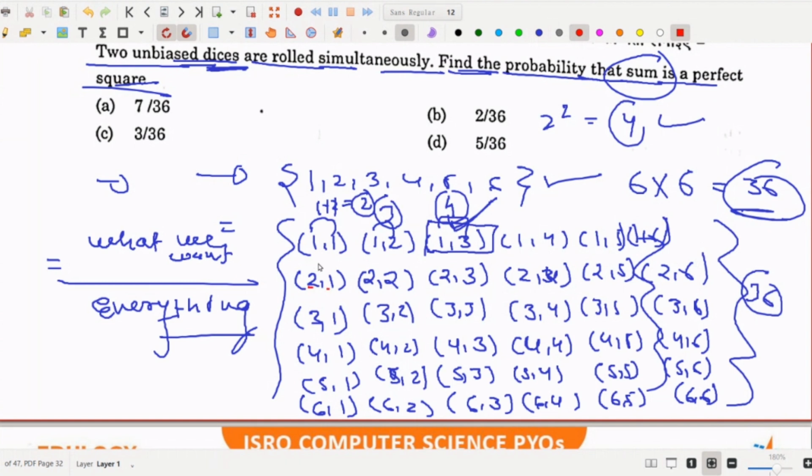Now see. 2 plus 1, 3. Is 3 a perfect square of anything? No. 2 plus 2, 4. Is 4 a perfect square of anything?